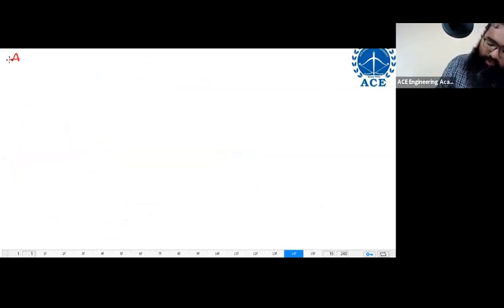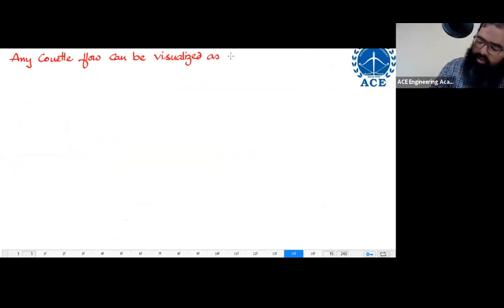Any Couette flow can be visualized as a combination of two things, first thing and second thing. You are combining, superimposing two things.